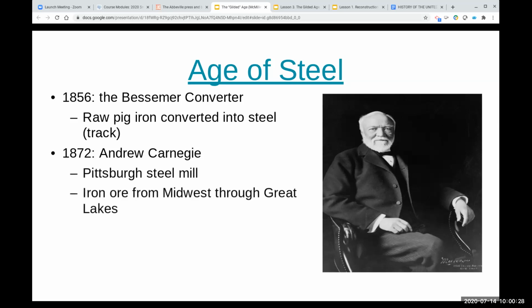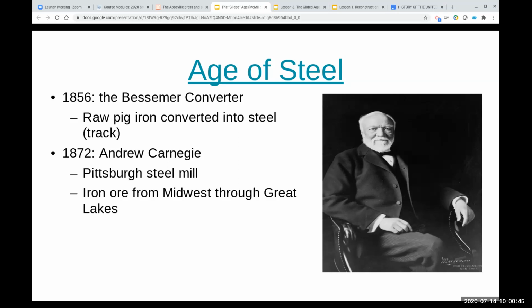A man, and this is just one example, there are other individuals in this, although Carnegie's a really important figure. In 1872, Andrew Carnegie, who comes from very modest means, comes from Ireland.